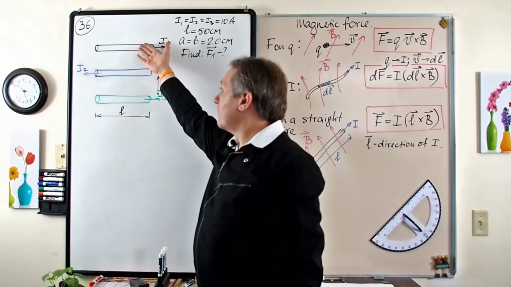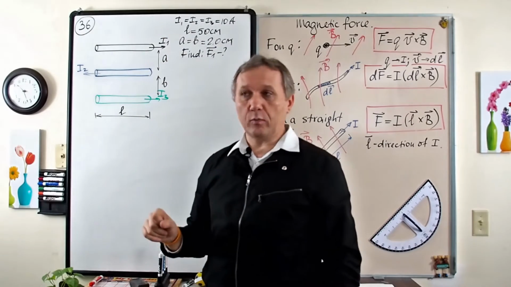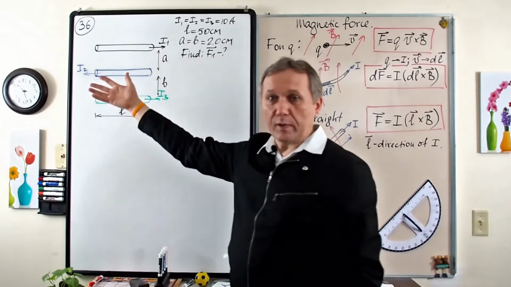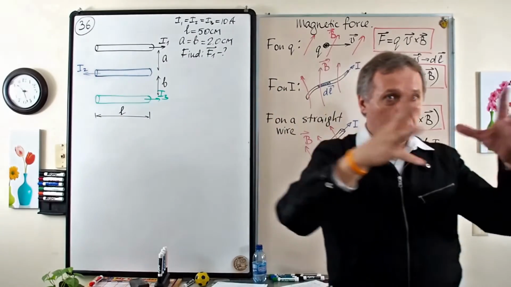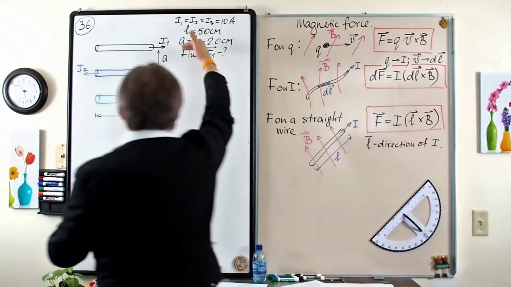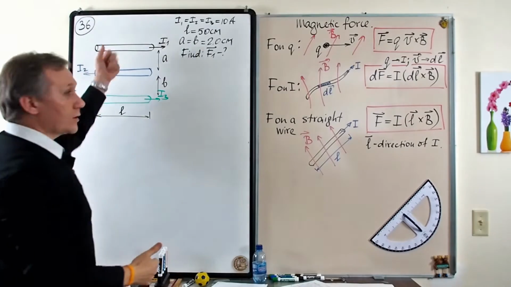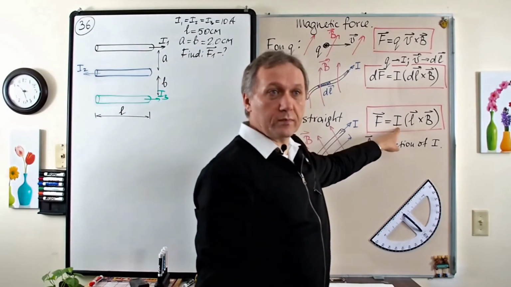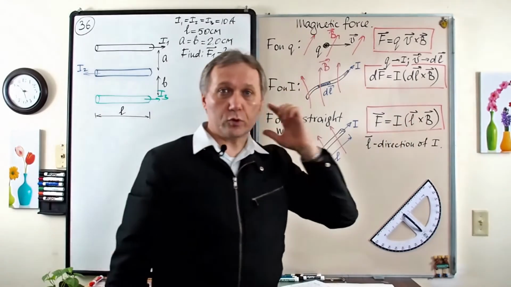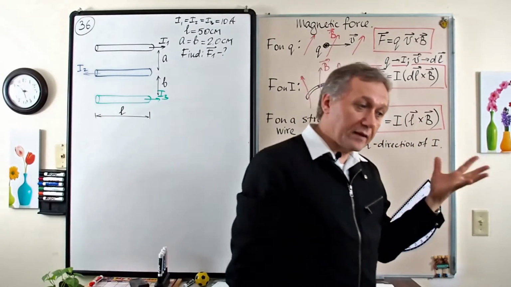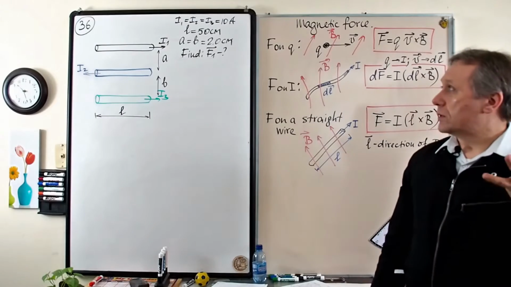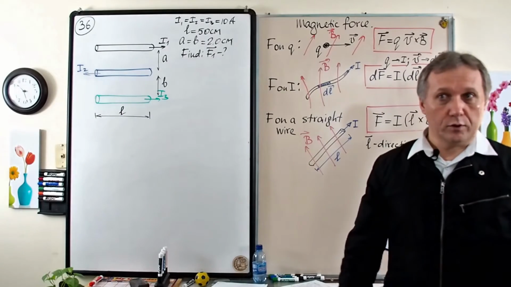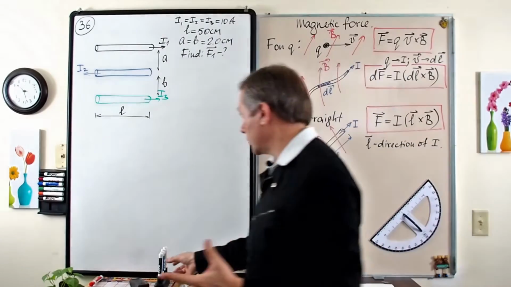So we need to find those magnetic fields, add them up in order to get net magnetic field at the place of wire I1. And then once you know that magnetic field, and we have current I1 exposed to that magnetic field, using this formula, we should be able to find the net force acting on the wire I1. So that's the structure of the solution, right?